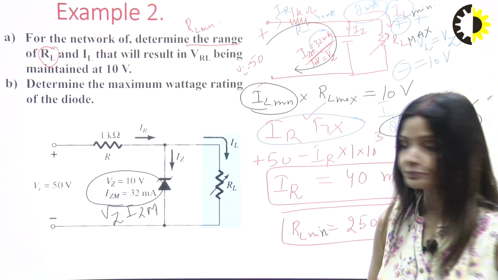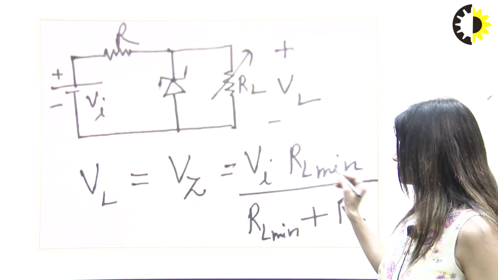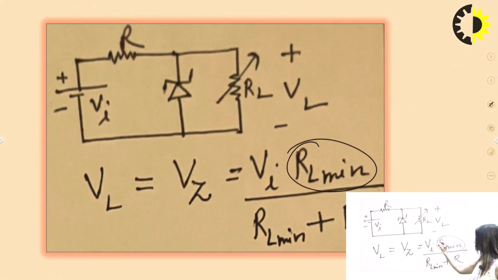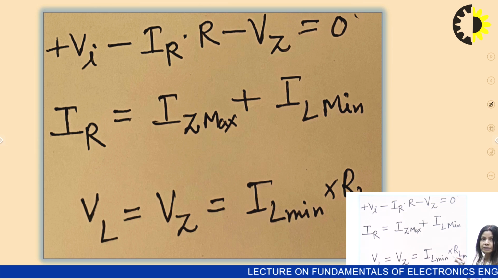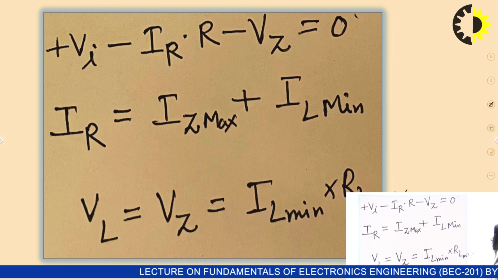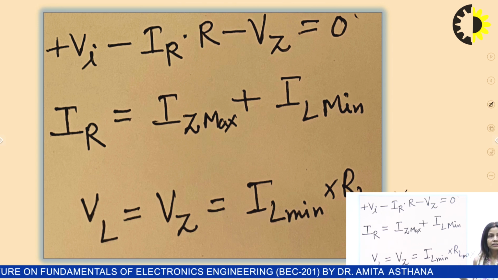Here you substitute RL minimum and find the value using this formula, and then make the circuit like this. In this case IR is fixed and you apply these formulae. Here it is RL maximum, and use these formulae for case 2 and you will get the results.